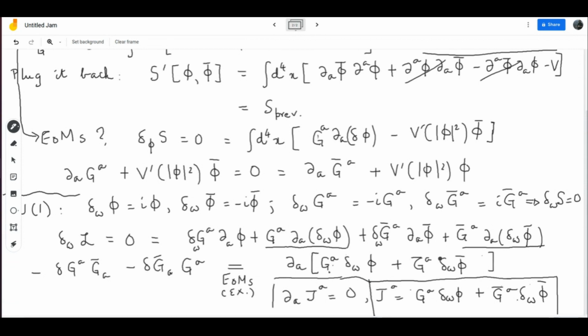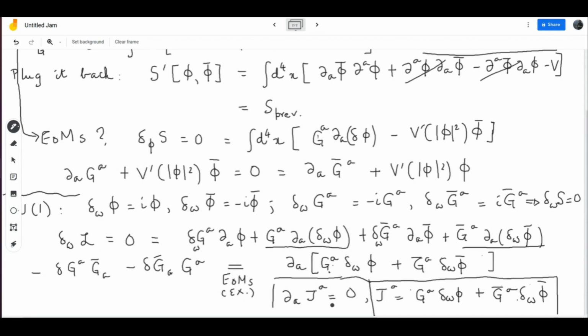Is it clear that the conserved current will come from these terms? So this delta omega L equal to 0 is this. The conserved current will come from these terms. All the other terms will vanish when we use the equations of motion. I haven't shown that, but you can show it easily. It's very simple: we have the equations of motion, you just plug them in. If there's a question, you should stop me.